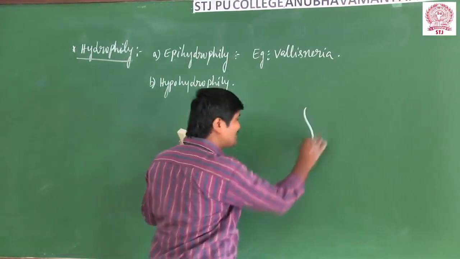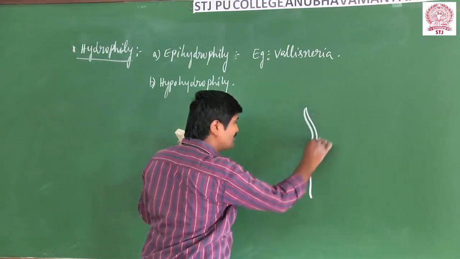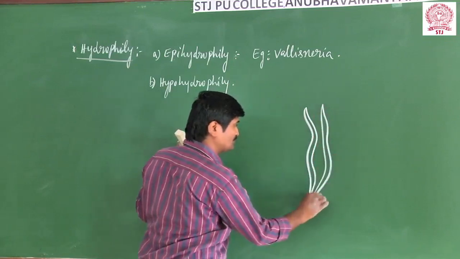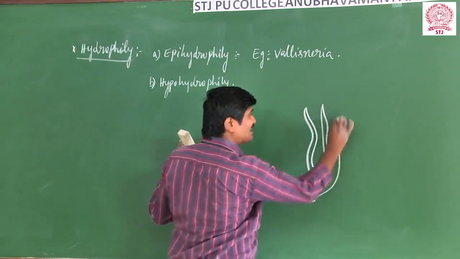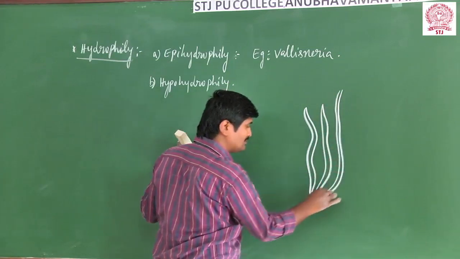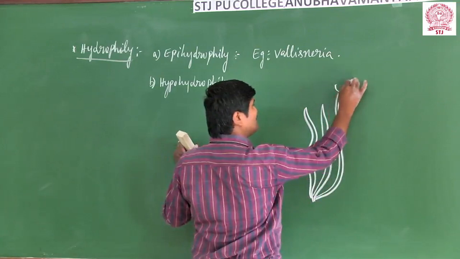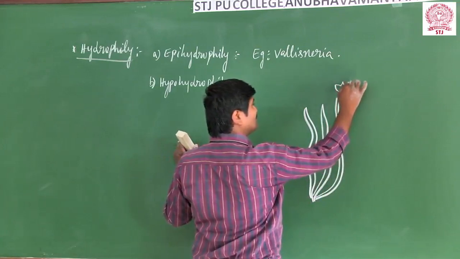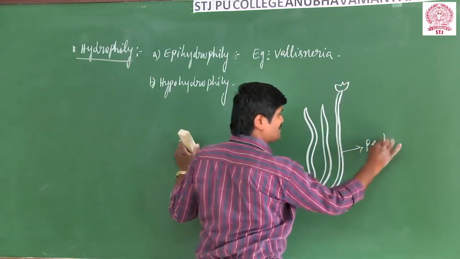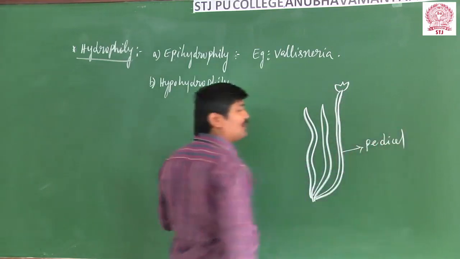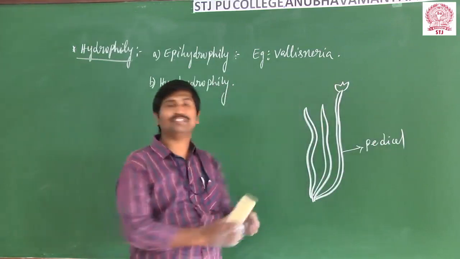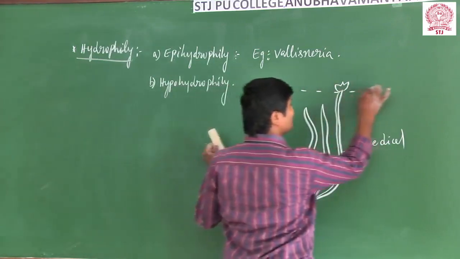For example, this is the female plant. The female plant contains a long pedicel. With the help of the long pedicel, the flowers are arranged on the surface of the water. This is the surface of the water.